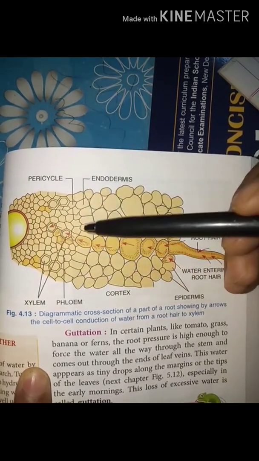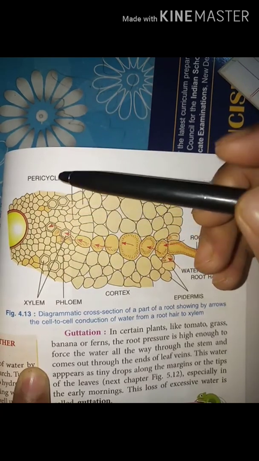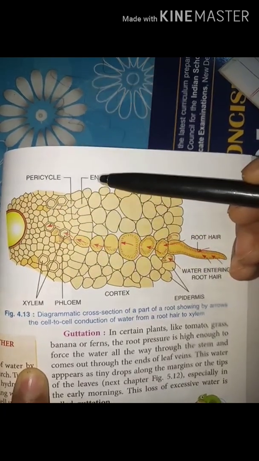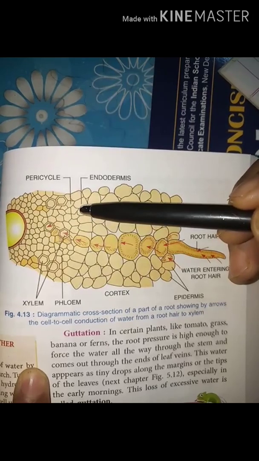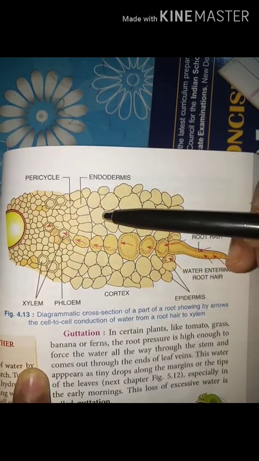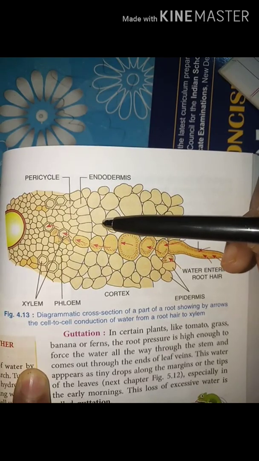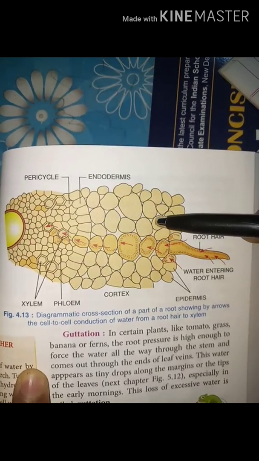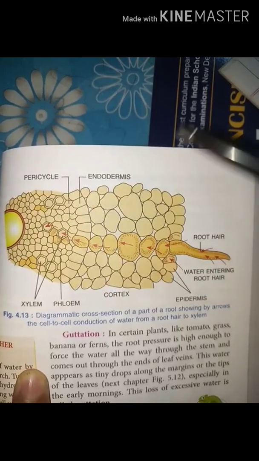Xylem and phloem are enclosed by two layers, pericycle and endodermis, and in between the endodermis and epidermis, the layer of parenchymatous cells are present, known as cortex.